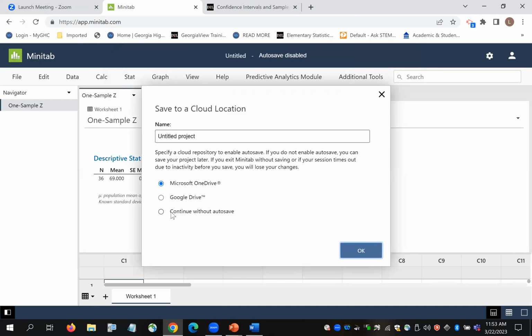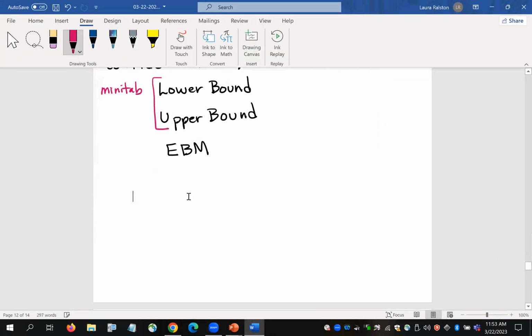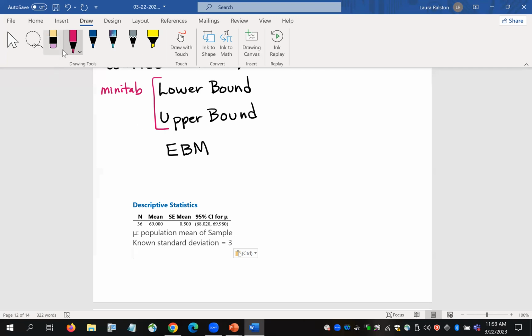Now I get descriptive statistics. So here are my results. Let me copy this over to my paper so I can mark it up. It gives you your sample size. The N here is your sample size, which was given in the problem.